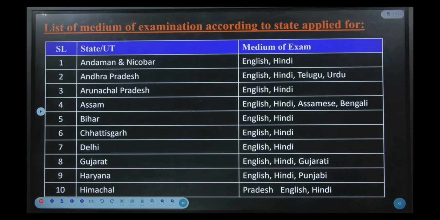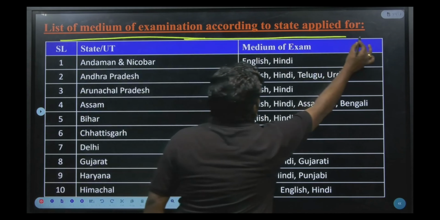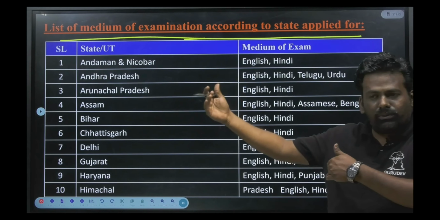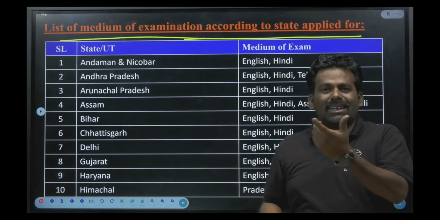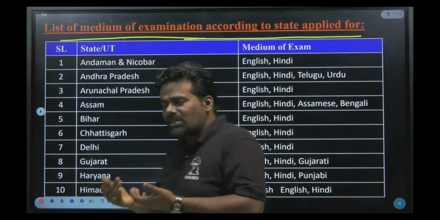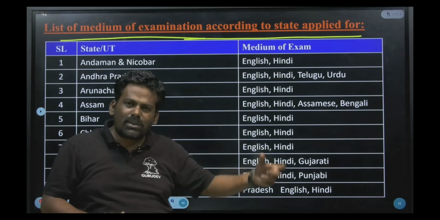Now we'll go to the important thing, that is medium of examination according to the state applied for. See, in the first few slides we discussed about the vacancies. In those slides we discussed about the area wise or the circle wise or the state wise vacancies.